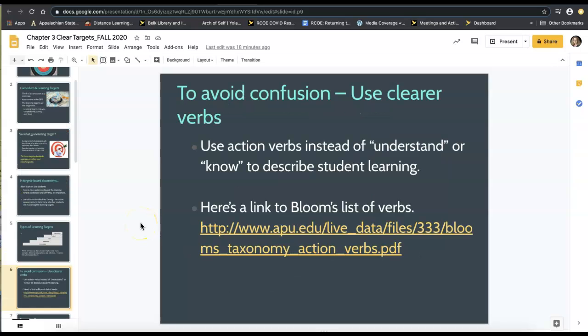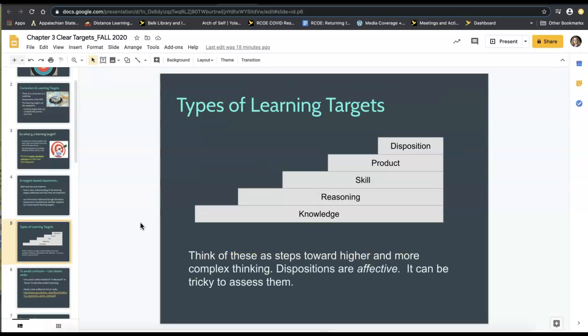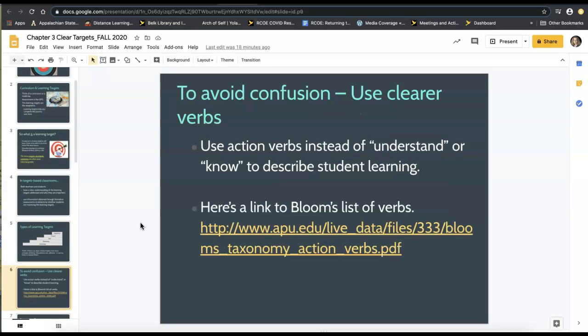In the chapter, they go into depth on four of these, not so much disposition, but knowledge, reasoning, skill, and product. They provide examples, so I'm not going to reiterate all of that, but it's important for us to use specific verbs when we're writing our targets.